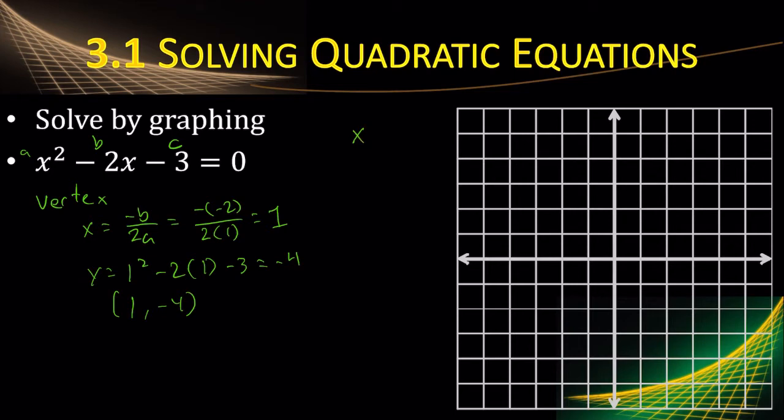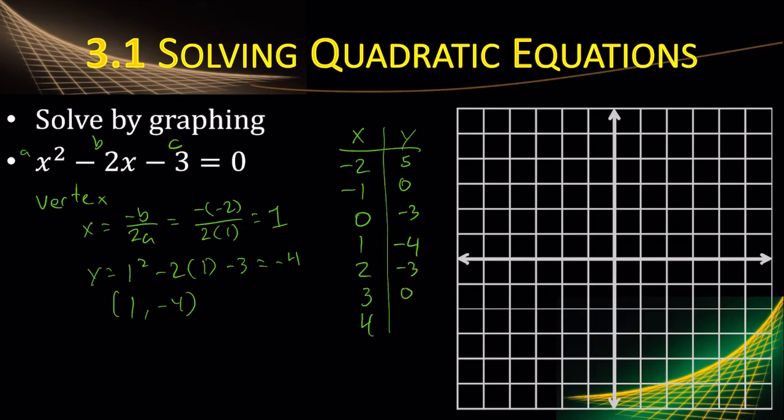So now if I make my table, I'm going to have that kind of in the middle. So I'm going to try negative 2, negative 1, 0, 1, 2, 3, 4, so that my 1, negative 4 is in the middle of my table. Use the calculator to get my points, and I graph it.